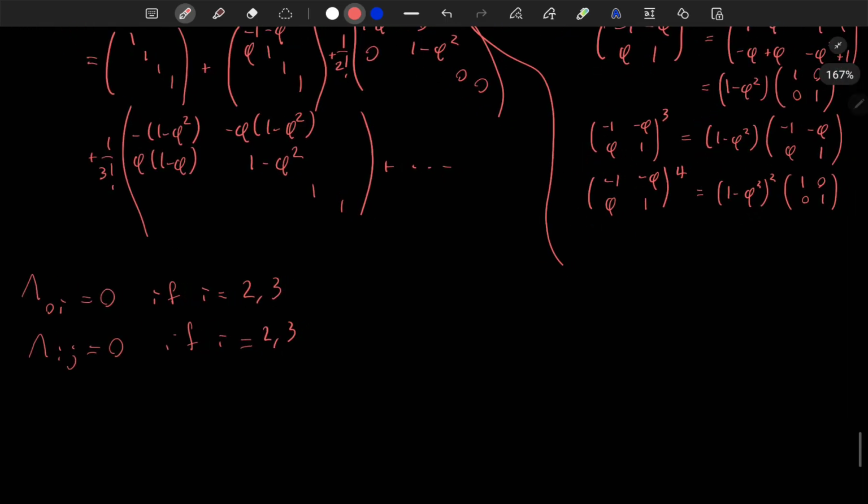But we get a more interesting thing going on with the other diagonals, like the 3. Oh, that's right. So that's not right. Let's see. Ij equals 0 if i not equal j, but they're both in 2, 3. Off diagonals.